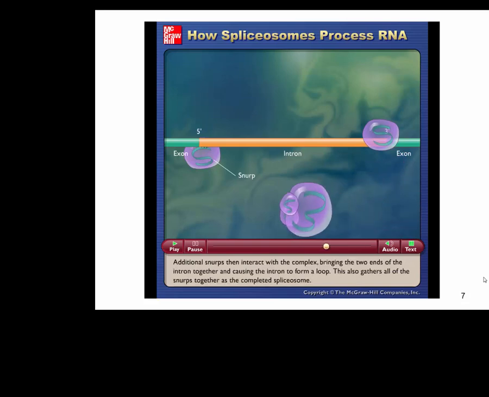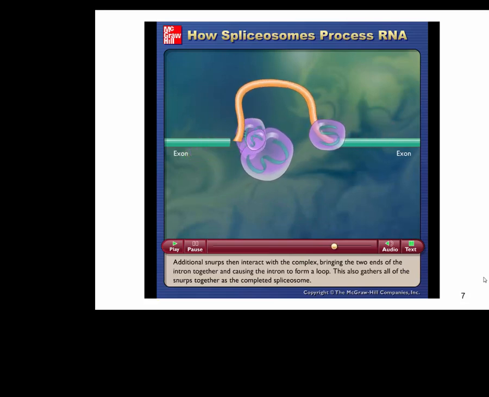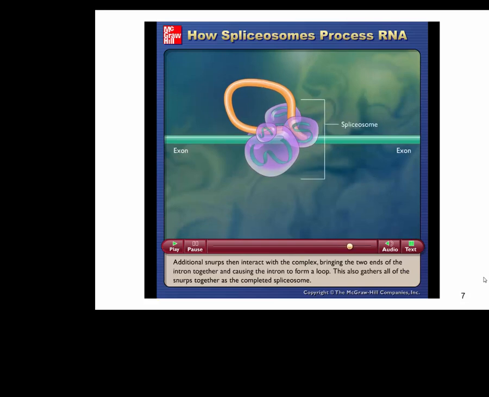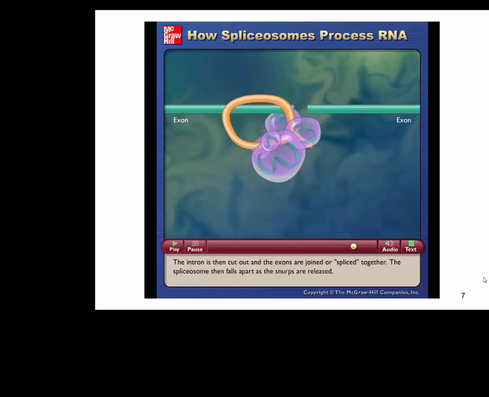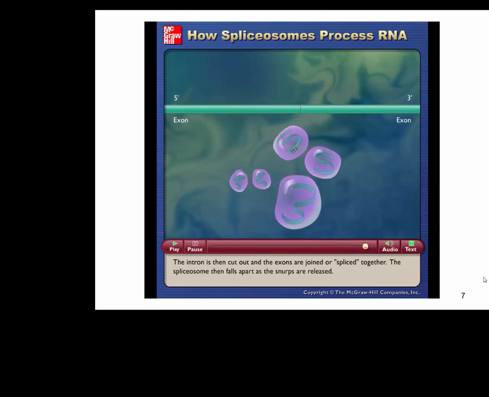Additional SNRPs then interact with the complex, bringing the two ends of the intron together and causing the intron to form a loop. This also gathers all of the SNRPs together as the completed spliceosome. The intron is then cut out and the exons are joined or spliced together. The spliceosome then falls apart as the SNRPs are released.